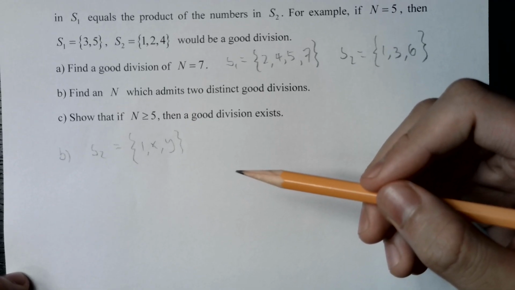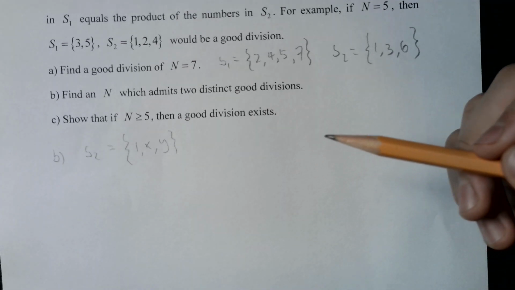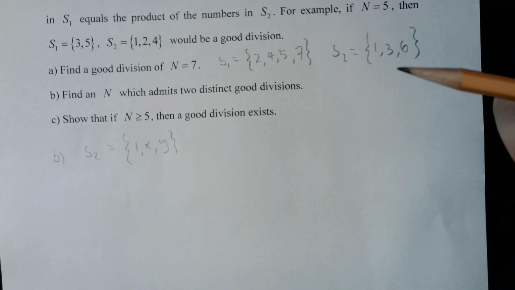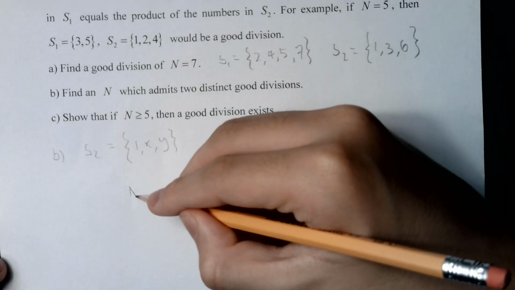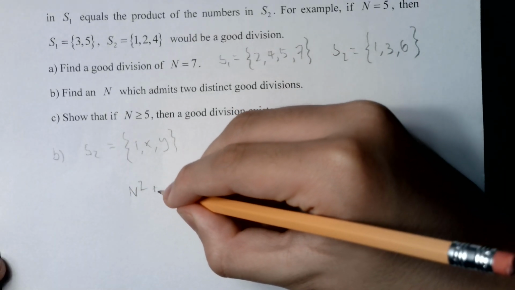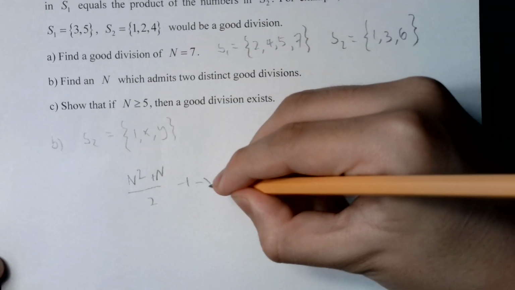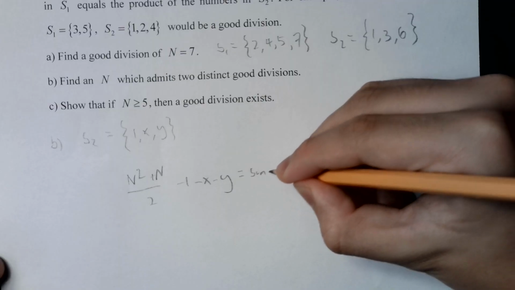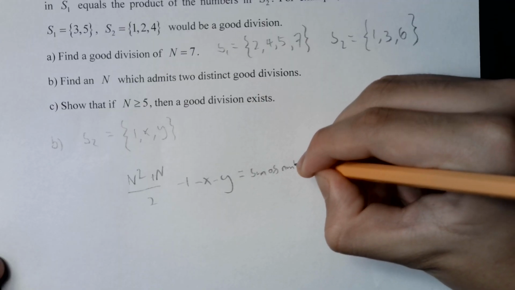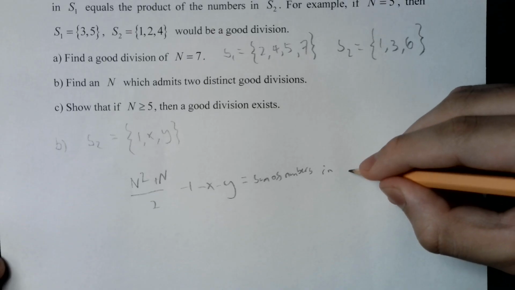Okay, and S1 is the complement of S2 in 1 all the way to n. Now, this is going to be a good division if and only if (n squared plus n) divided by 2, I'll explain why later, minus 1 minus x minus y, should be equal to the sum of numbers in S1.